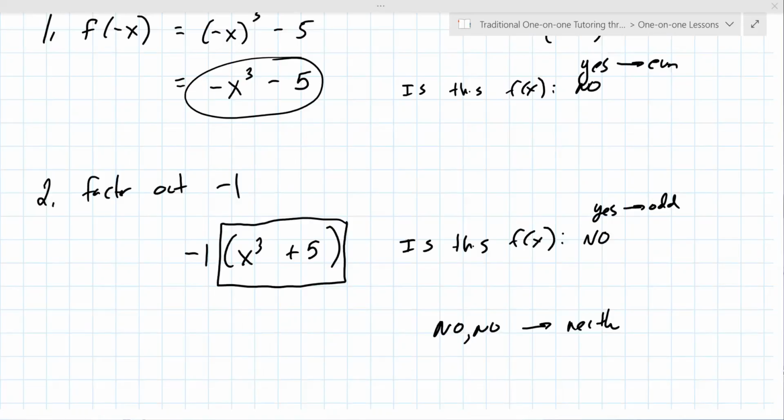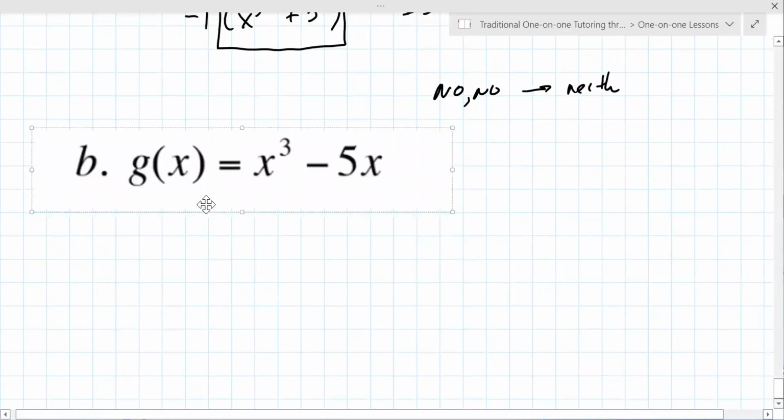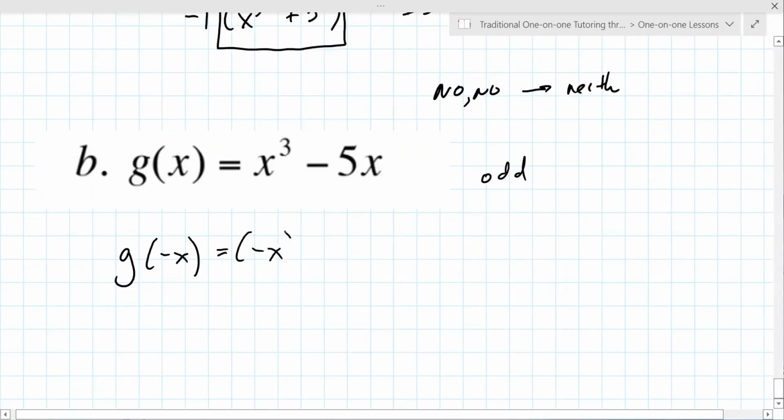Okay, so let's look at one that is odd, so you can see how this plays out. I'm telling you that from the start, but we're still going to try it. So we're going to go g of -x. So -x cubed -5 times -x.